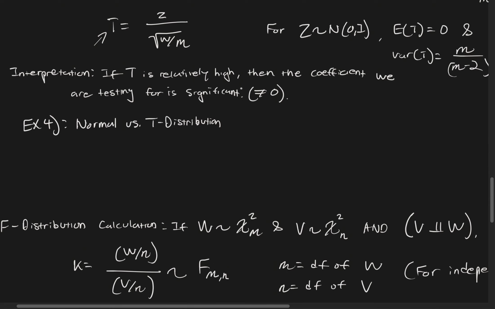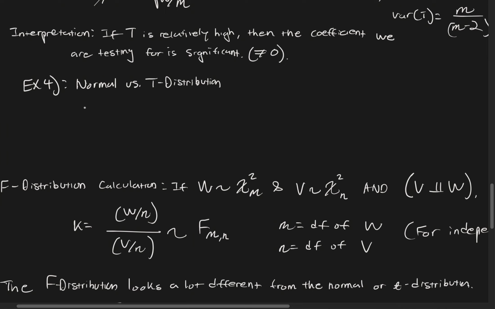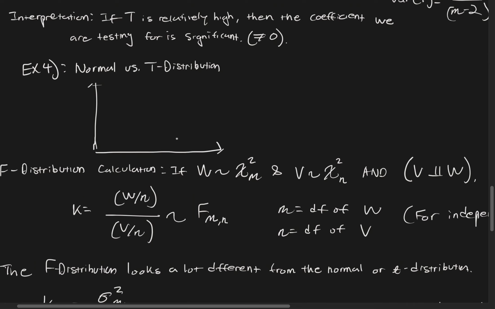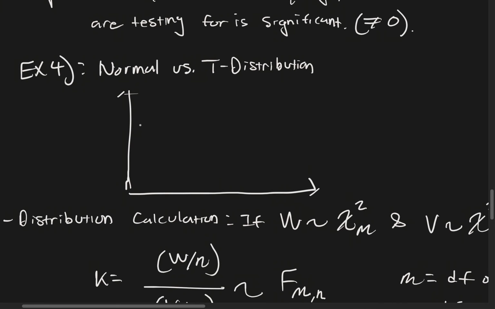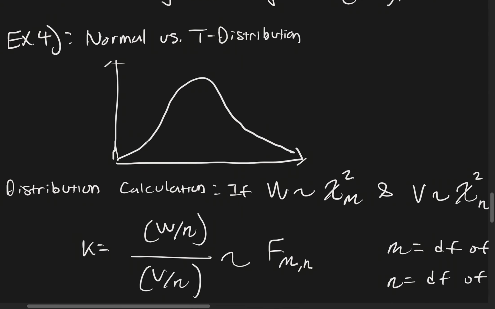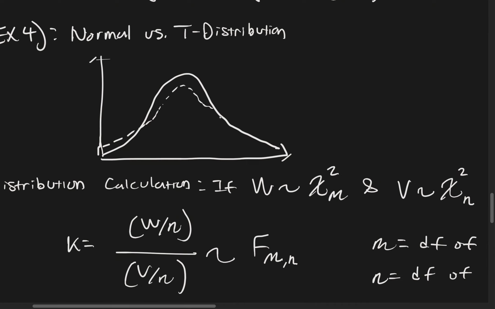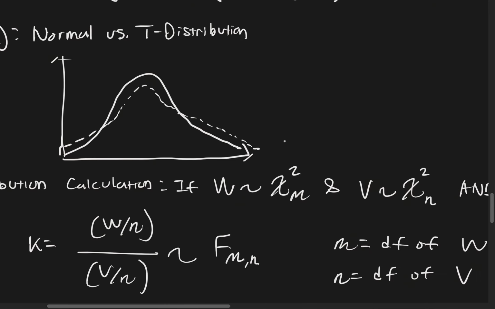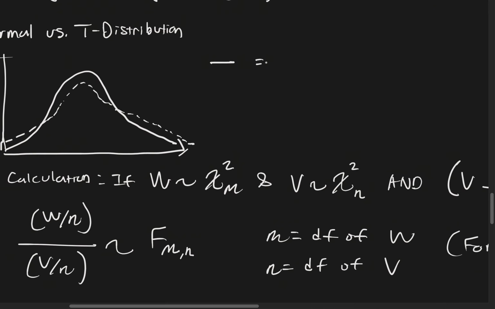All right, so if we're comparing a normal to a t-distribution, it actually looks very similar. I'll zoom in to draw it a little closer. If the normal distribution looks like this, then the t-distribution looks kind of like this. So this straight line is a normal, and the dotted line is a t-distribution.